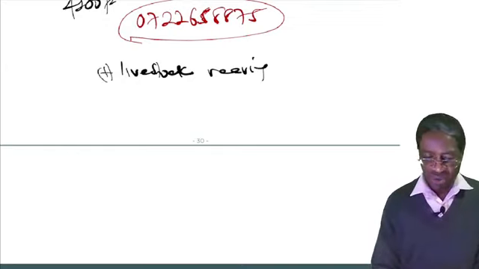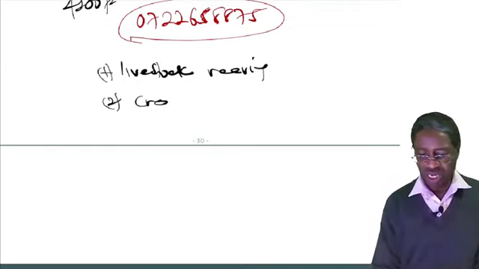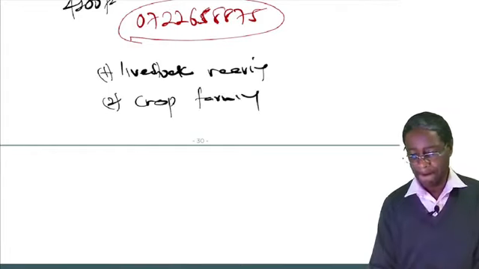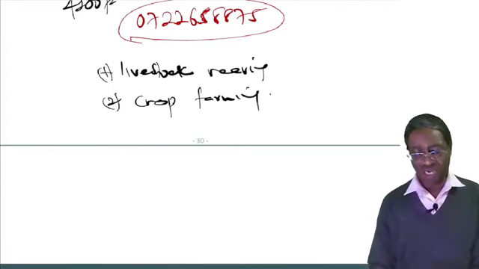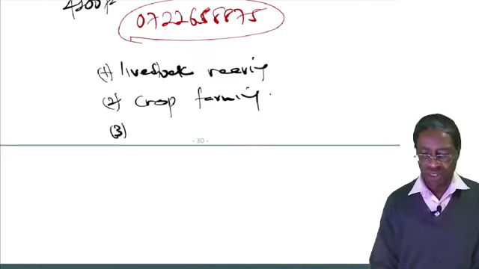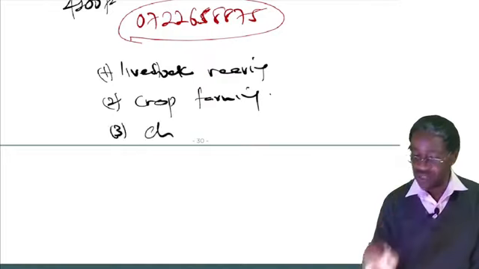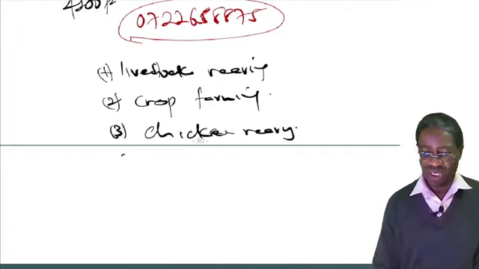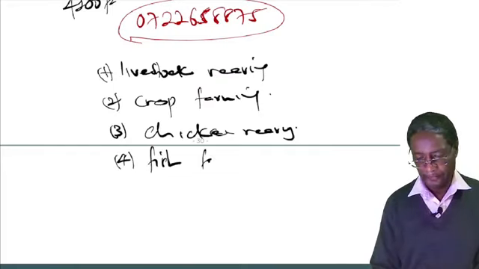Number 2, another category of activity is crop farming. Another category is chicken rearing. And number 4, we have what we call fish farming.